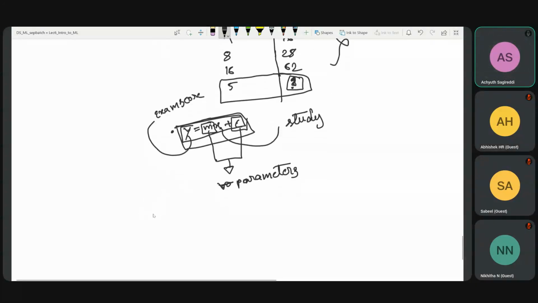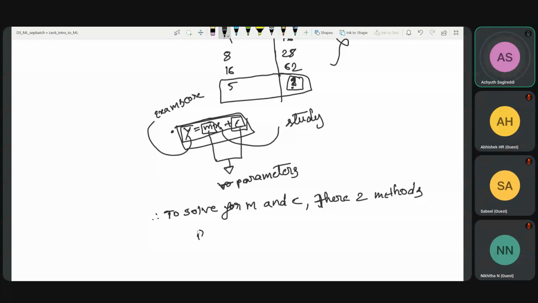To solve for m and c, there are actually two methods.